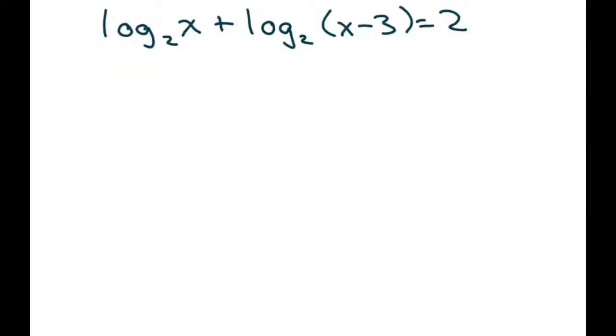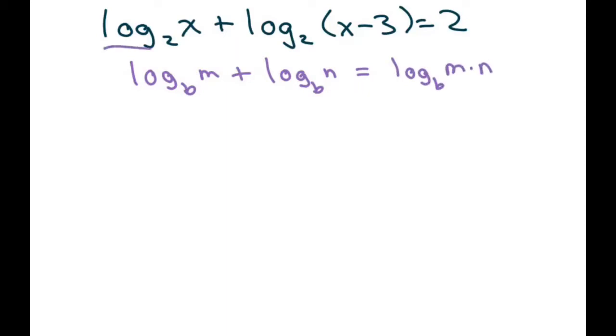And we're going to use our properties of logarithms and our other formulas to rewrite the log. Basically, I'm going to use the fact that log base b of m plus log base b of n equals log base b of m times n for this first part.